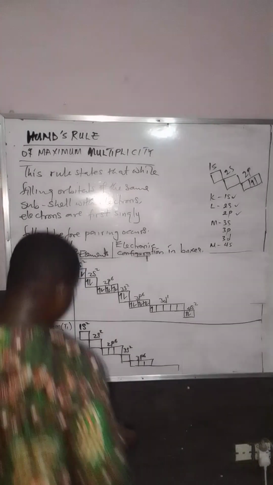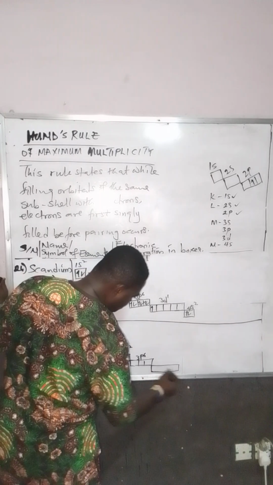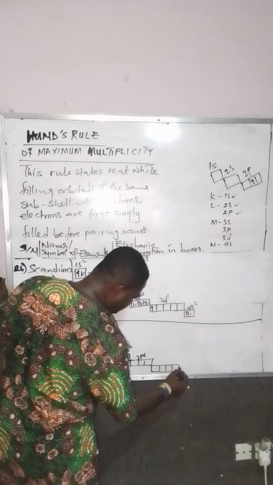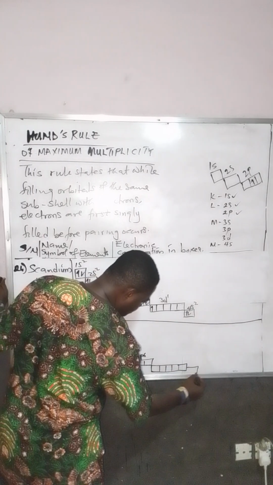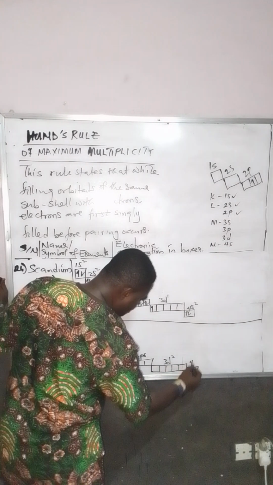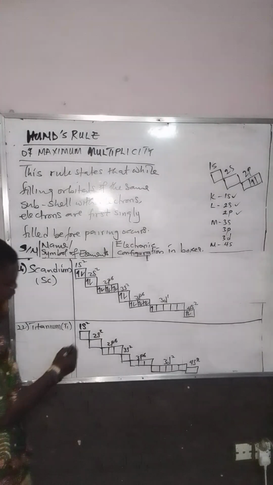You have 3d2, 4s2. So put 2 electrons here.